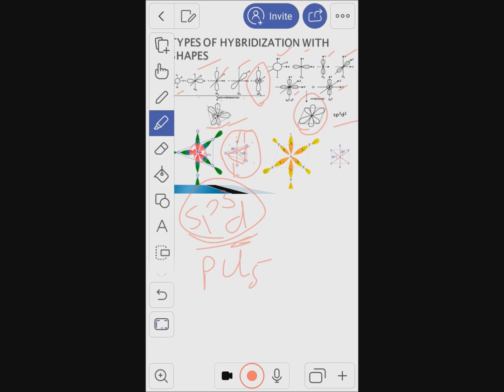For example, in case of SF6, 4 fluorine atoms lie in the square plane, the 5th above the plane and the 6th below the plane, forming the octahedral shape, and the bond angle is 90, and the shape of the molecule is octahedral with hybridization sp3d2.